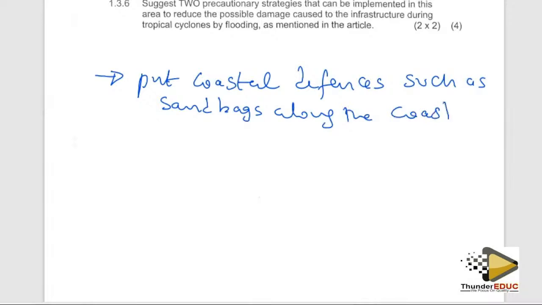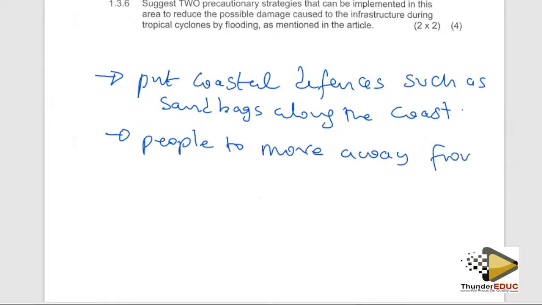This will assist in reducing flooding of the land. Secondly, people to move away from low-lying areas. So this could reduce the loss of lives, right?